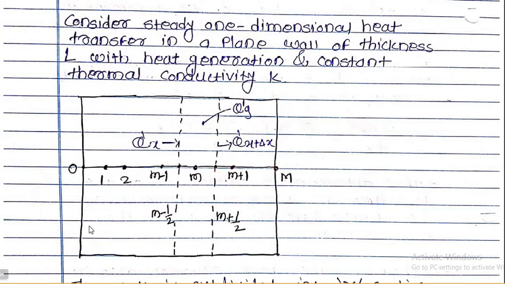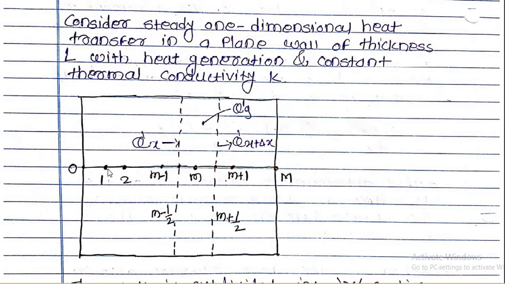This is the wall, and its thickness is L. Now this wall we have divided into m equal thicknesses, each having thickness of L divided by m. We have divided it from 0 to m, total m equal parts.